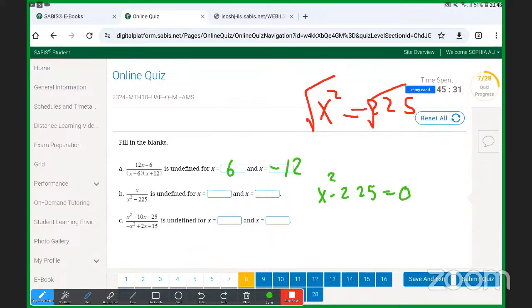So square root of 225 will be what? 15, exactly. So it will be positive or negative 15. Do it.